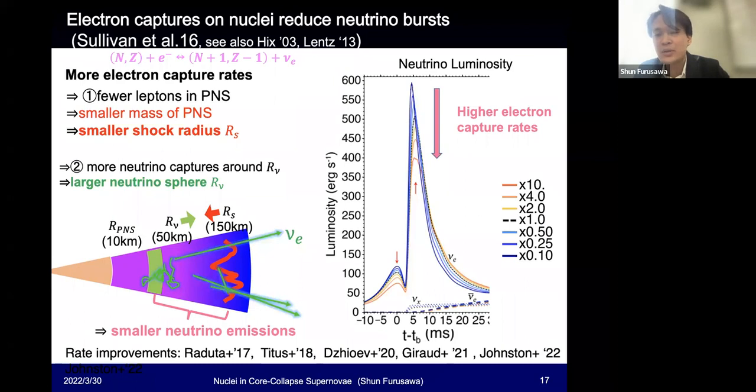So the time scale of the strong and electromagnetic nuclear interactions is short, so we can assume NSE.